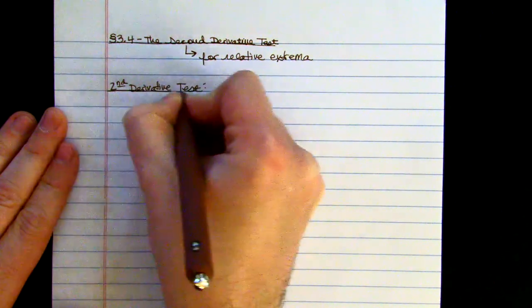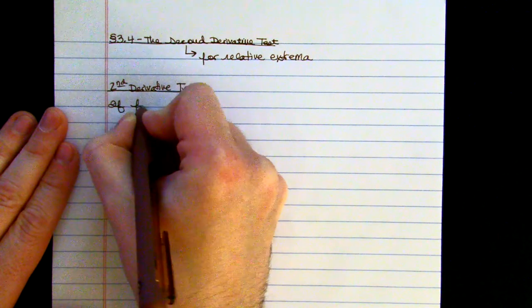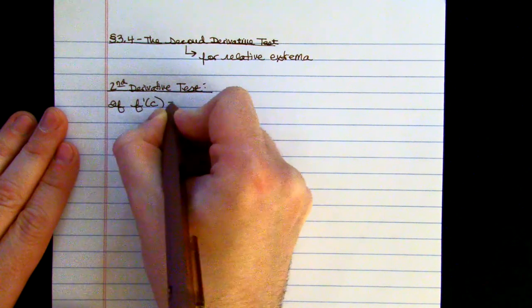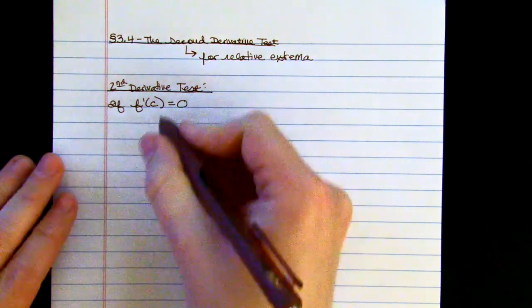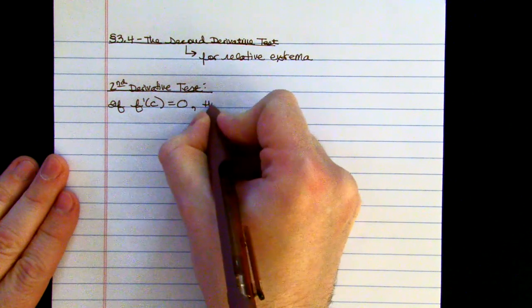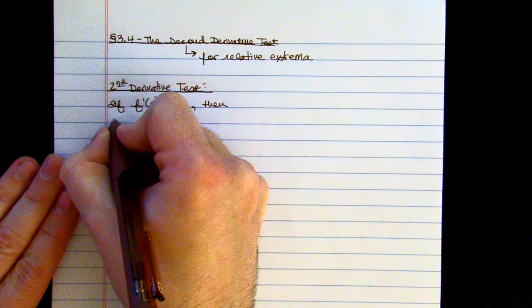And this second derivative test says the following. If f prime of c equals 0, so if we have a particular x value and it makes our first derivative equal 0, then we're going to plug that value into our second derivative.